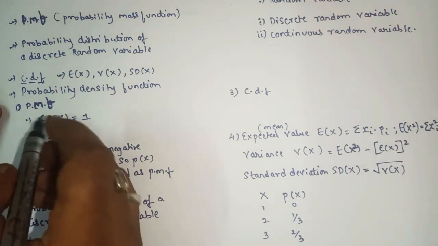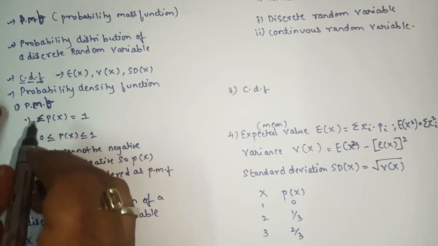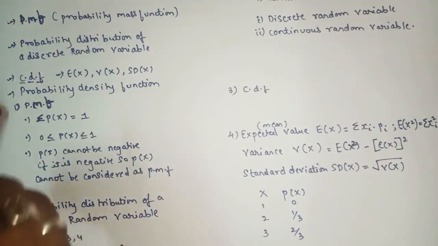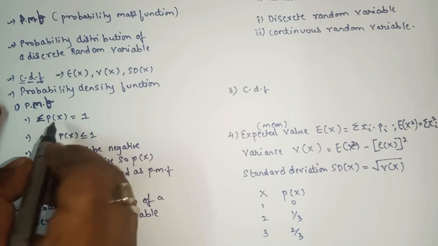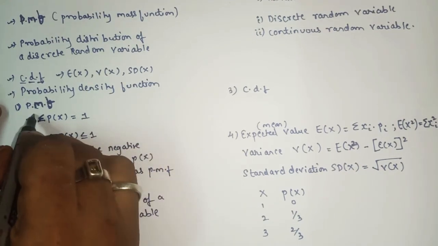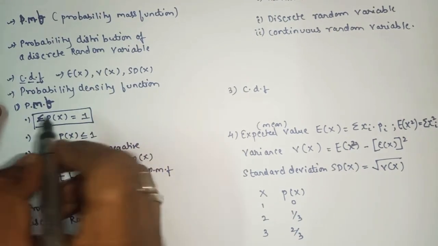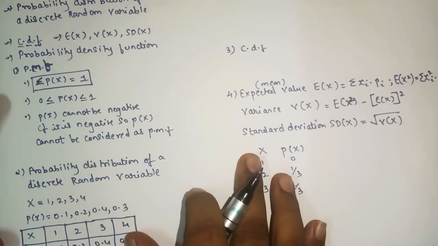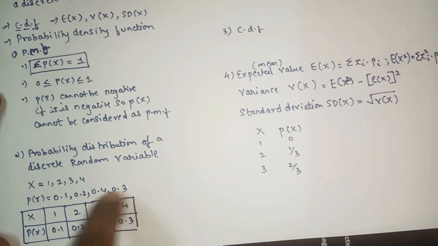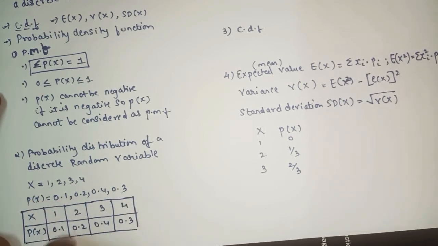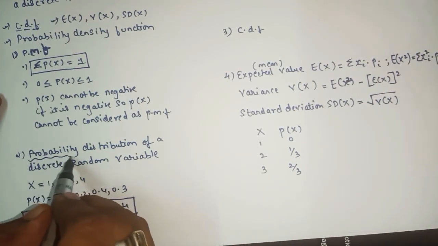The first one is what? This is known as what? Total, sigma, summation we can say. It means the total of P of x is equal to 1. Suppose here we have one example. You will have this one box. This box is known as probability distribution.